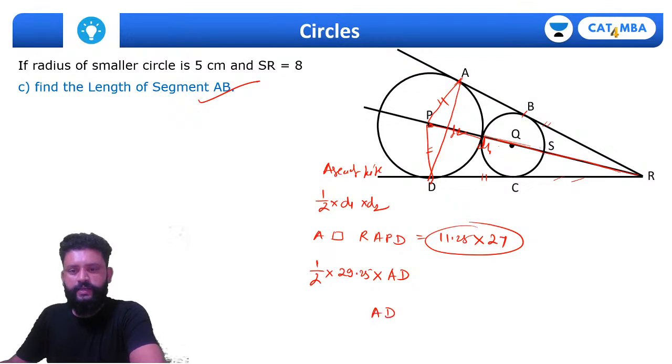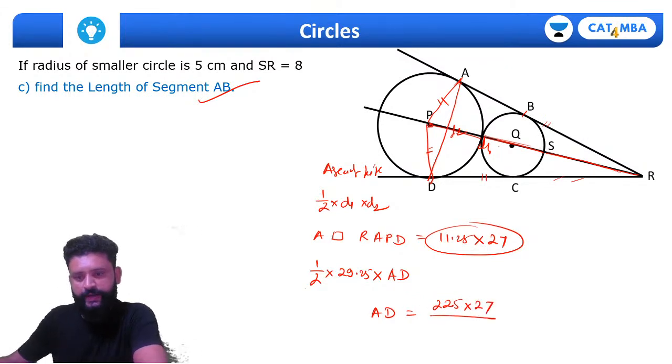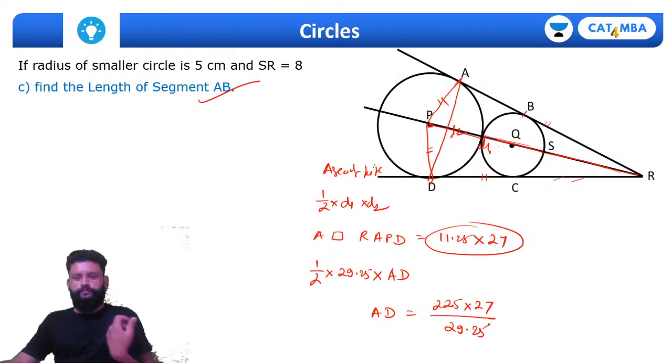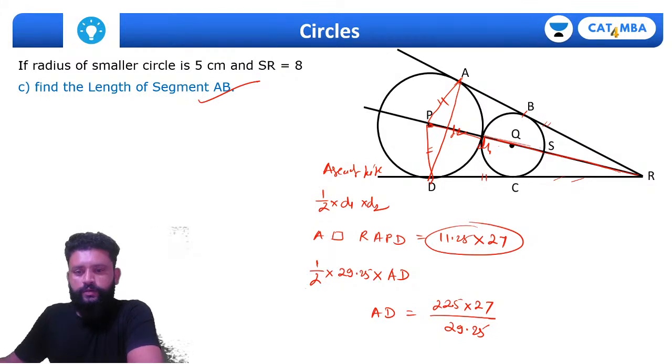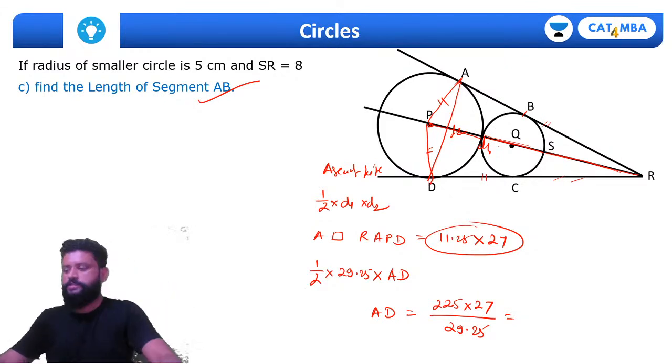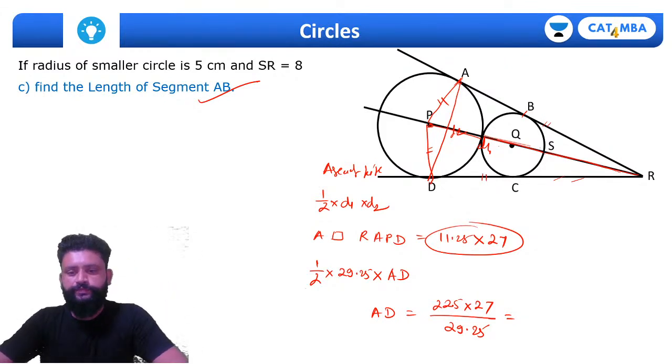So AD has to be equal to 11.25 doubled, 22.5, into 27 divided by 29.25. Right, so let's calculate this. 22.5.